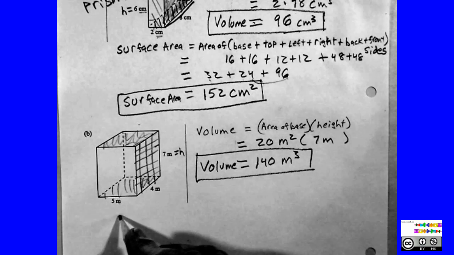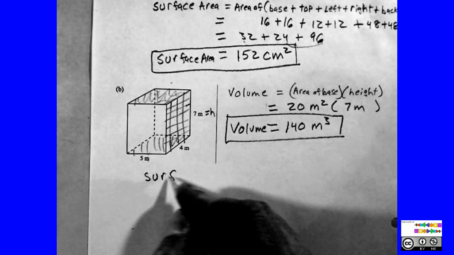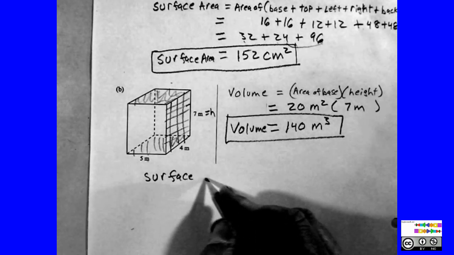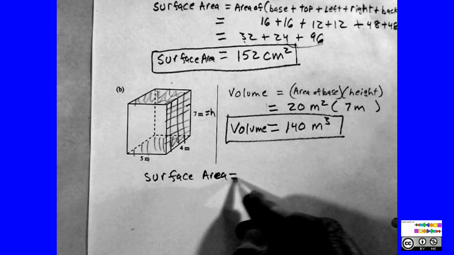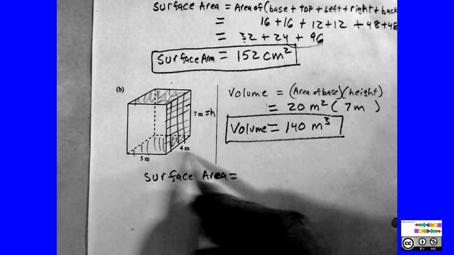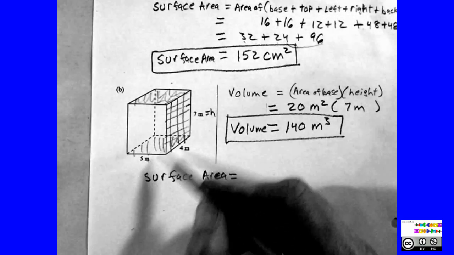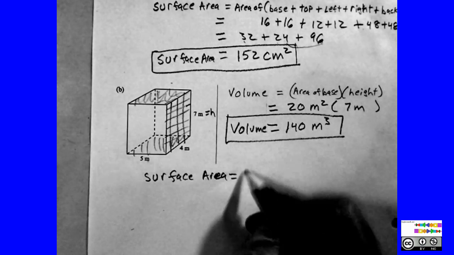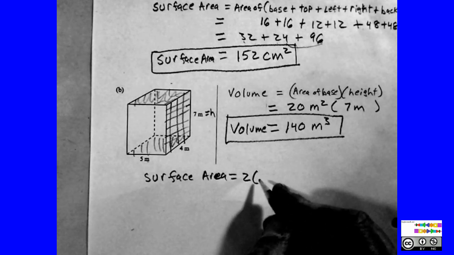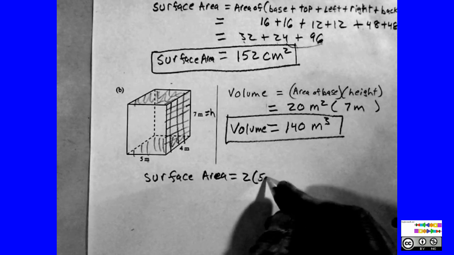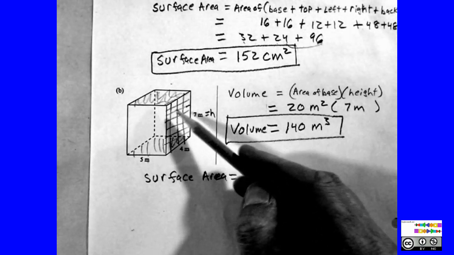I need the surface area. That is base times top, and they're the same, so I'm going to put 2, because there's 2 of them. 2 times 5 times 4, plus left and right.